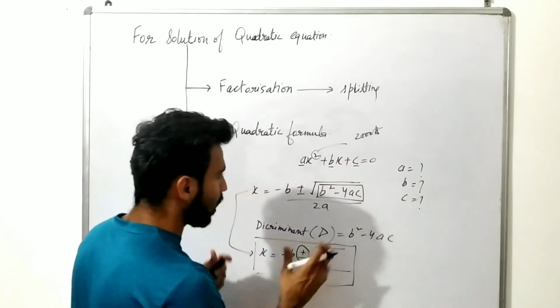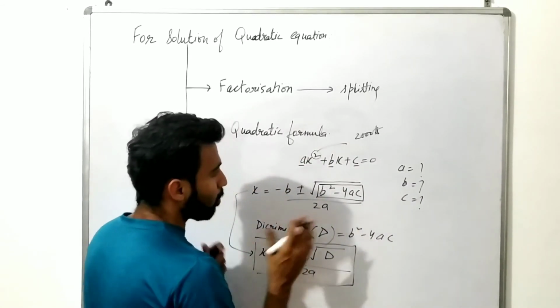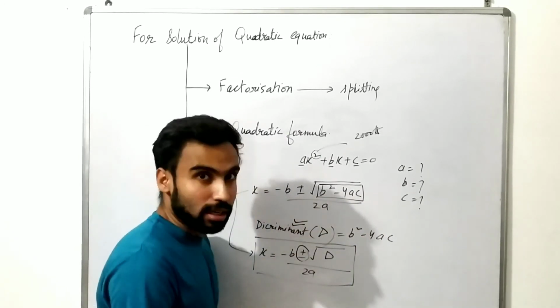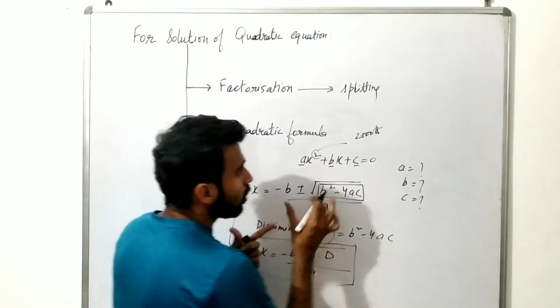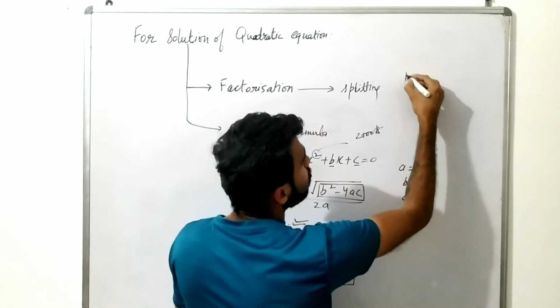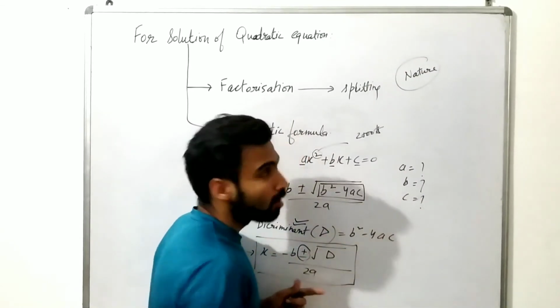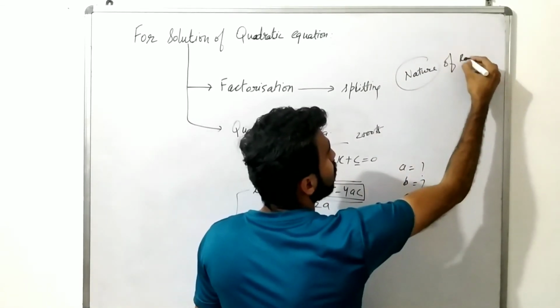Now let me tell you with an example here, but before that let me tell you what this discriminant means. Actually this just tells you the nature of roots. This is another topic which I will deal with later.